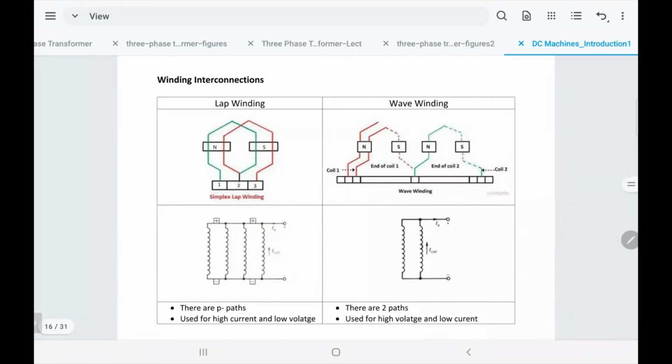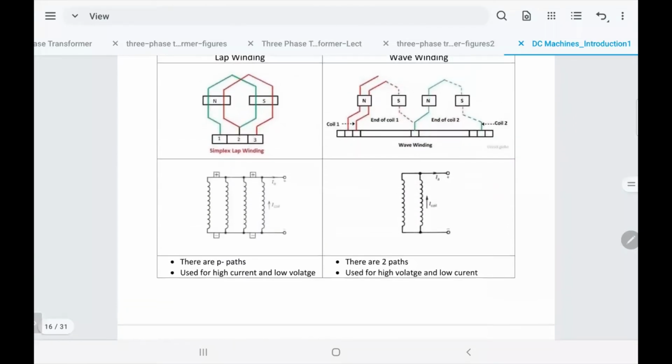But all I want you to know is, in lap winding, they connect the windings and the coils in series and parallel, in a way that they will have parallel paths, as you see here, equal to the number of poles of the machine. What does it mean? I have here 4 parallel paths. It means this machine has 4 poles.